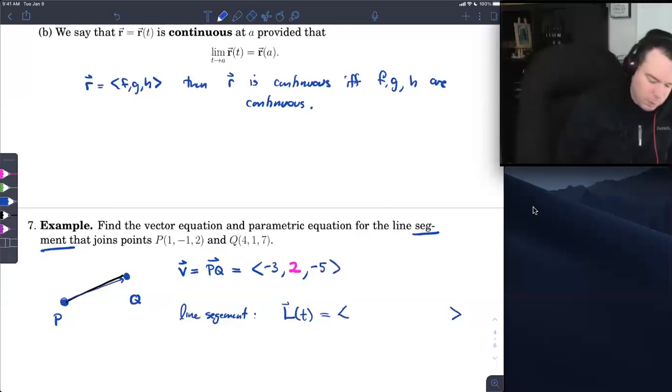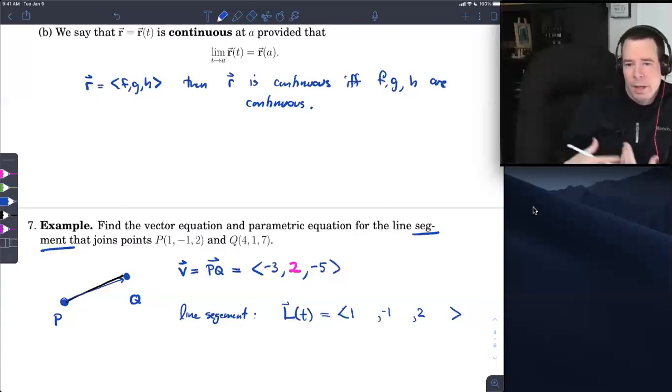Okay, so what we want is we're going to start at that point P. So there's our point that we're at, 1, negative 1, 2. And then I want to add to that multiples of my vector V that points in the direction.